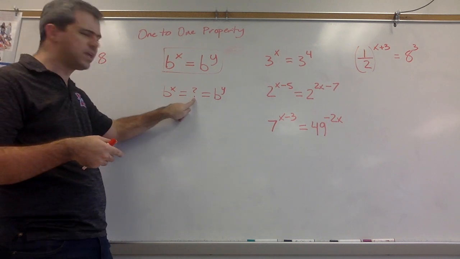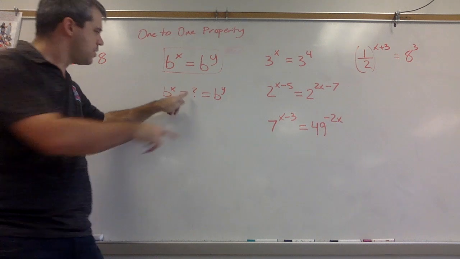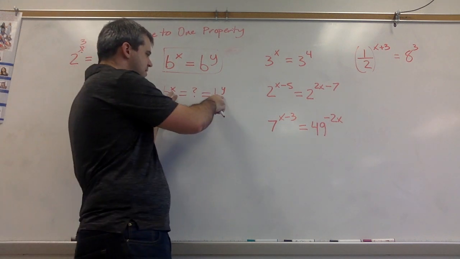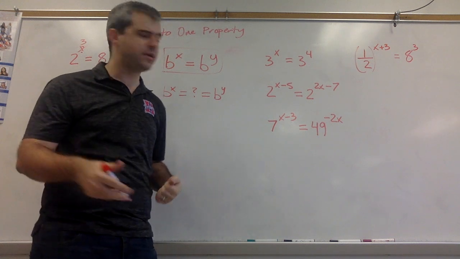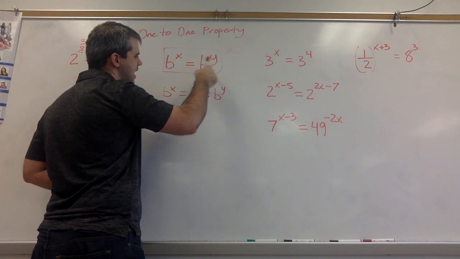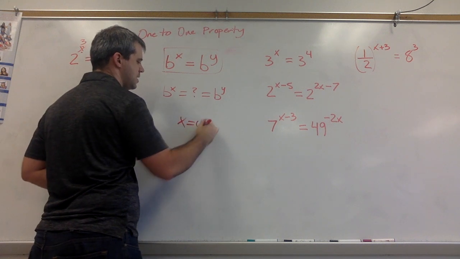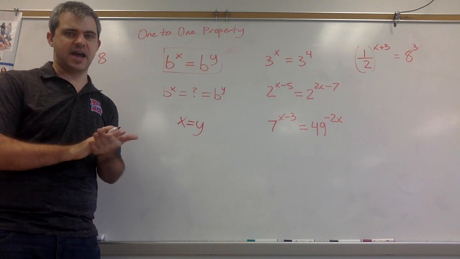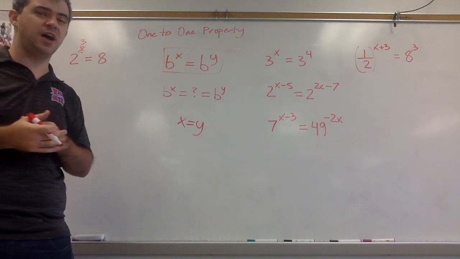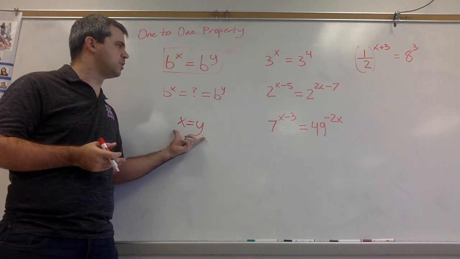It says there's only one way to get this value. There's only one exponent that'll do that for us. What does that mean about these exponents? It means they have to be the same. So if these are equal, then their exponents have to be equal. And we can use that to simplify a lot of exponential equations.